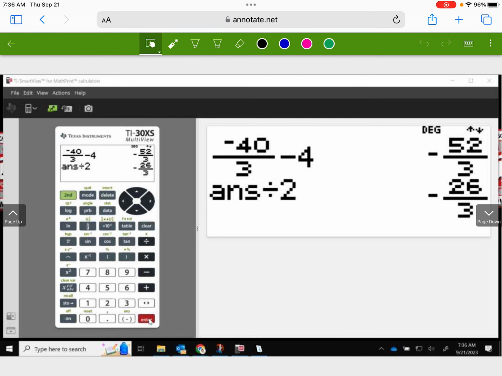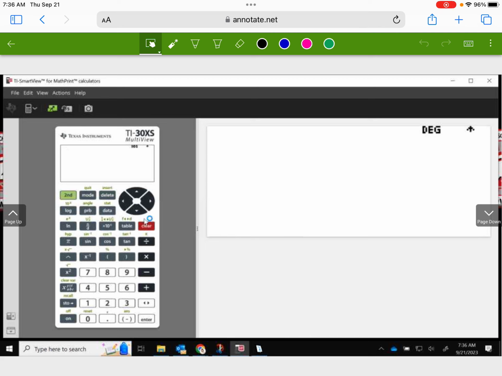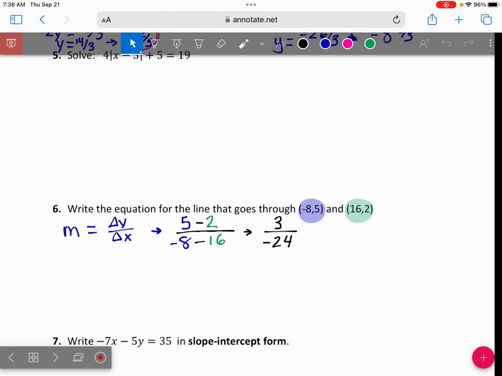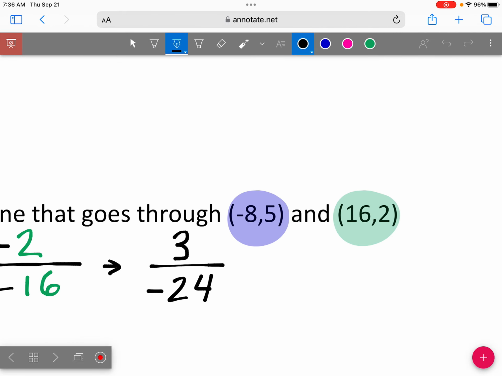This is another time when our yellow calculator is really handy, because I can come on in here to that second column, third one down, and do 3 over -24, and it'll simplify it for us. So our slope is -1/8.